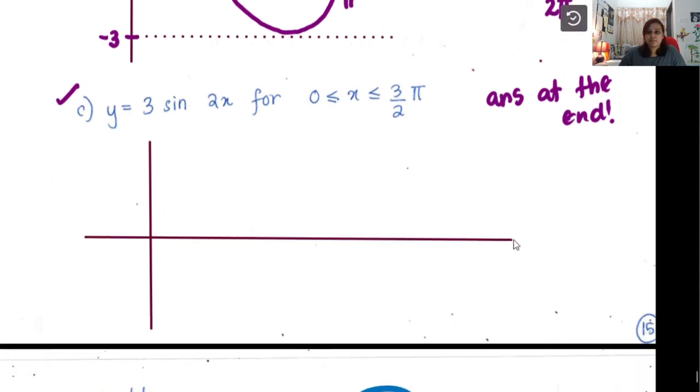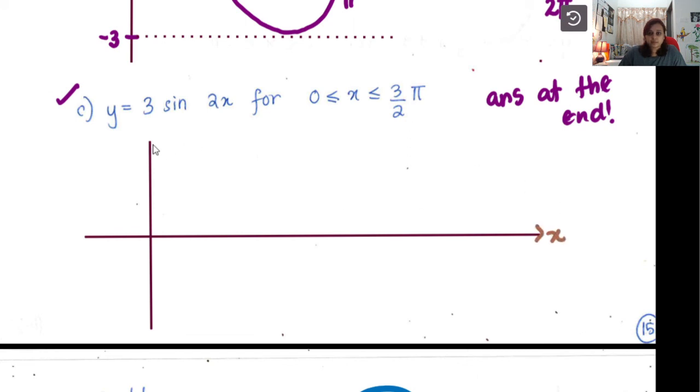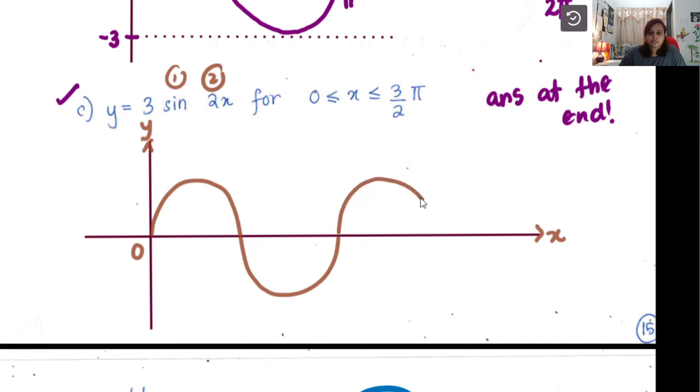So this is the last part I'm going to show you. X, Y, 0. First step, draw the sine graph, draw the cycle. Second step, draw 2 cycles. Wherever you stop after cycling, that is your bye bye.